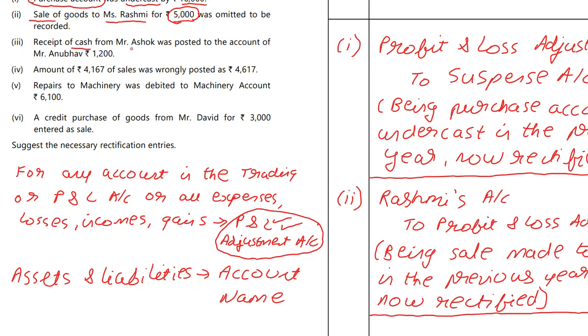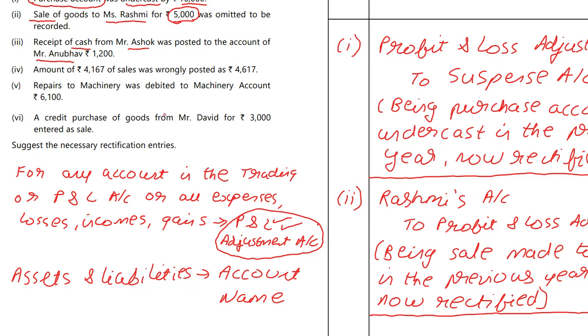Receipt of cash from Mr. Ashok was posted in the account of Mr. Anubhav. Now, since all the accounts over here are asset accounts, we can go with names entirely this time around.